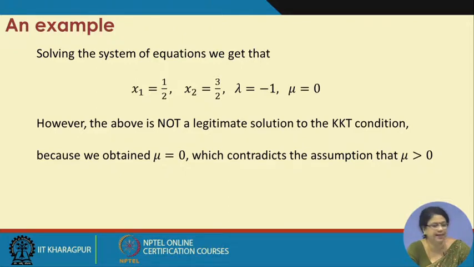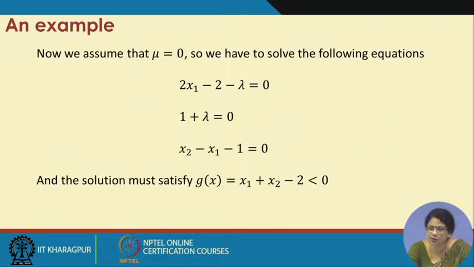Let us go to the next, that is mu is equal to 0. If we consider mu is equal to 0, what does it mean? The corresponding constraint, that is x1 plus x2 less than or equal to minus 2, that is of type less than. That is why that constraint is an inactive constraint, not the active constraint, since mu is equal to 0.